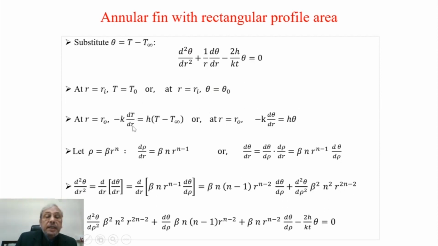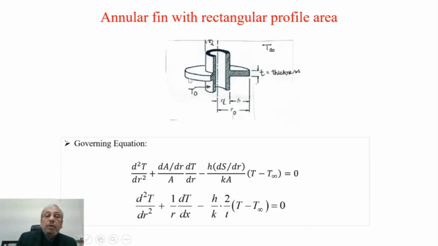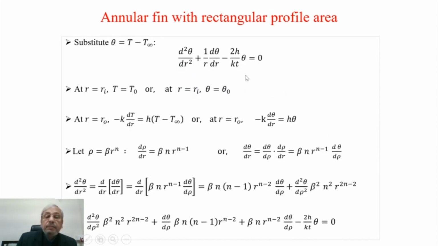minus k dT/dr equal to h into (T minus T infinity). So from the edge also we know, whatever the edge temperature is, that temperature minus T infinity into h into area, this area which is at the periphery, is the thermal energy taken away from the tip, and that is coming in the form of conduction through the material.